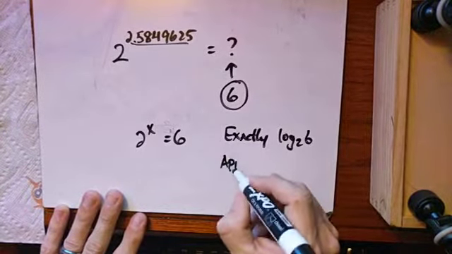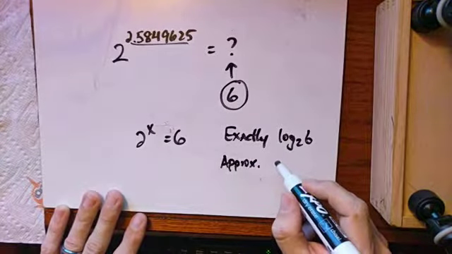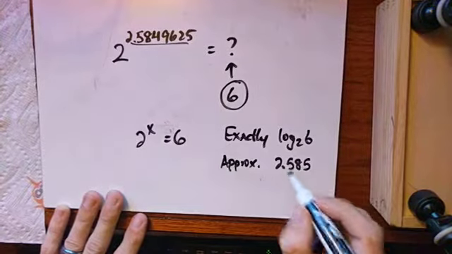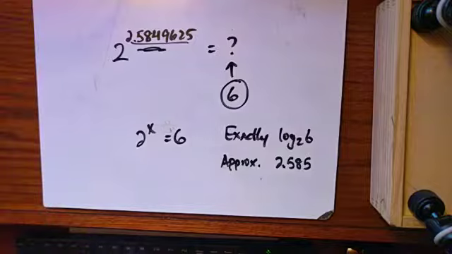But in approximate form, by figuring out the decimal for this, approximately it's 2.585, if you want to round off, right? So that's the basic mechanics of how logarithms work. There are a couple of things we're going to talk about here with logarithms, okay?